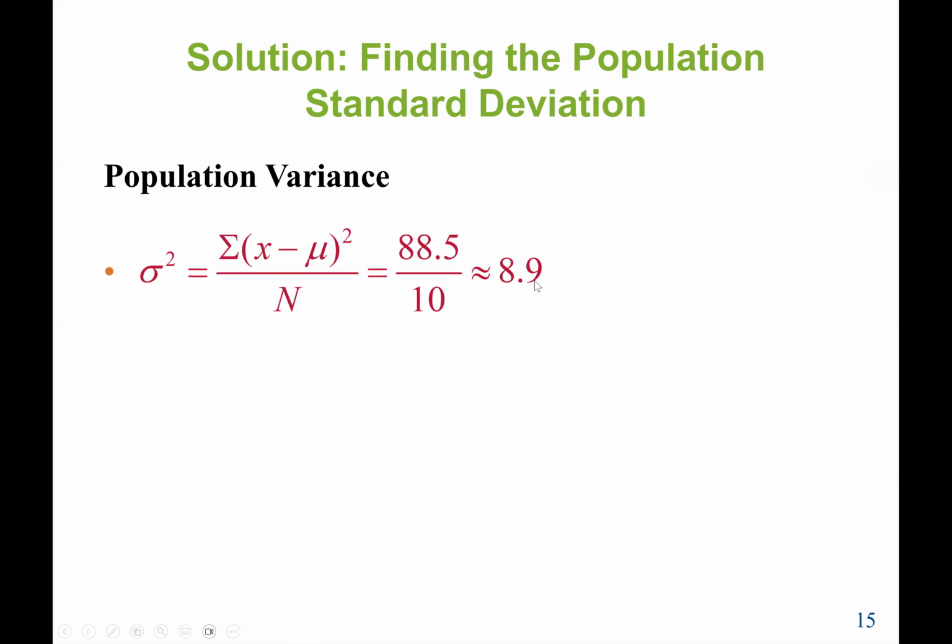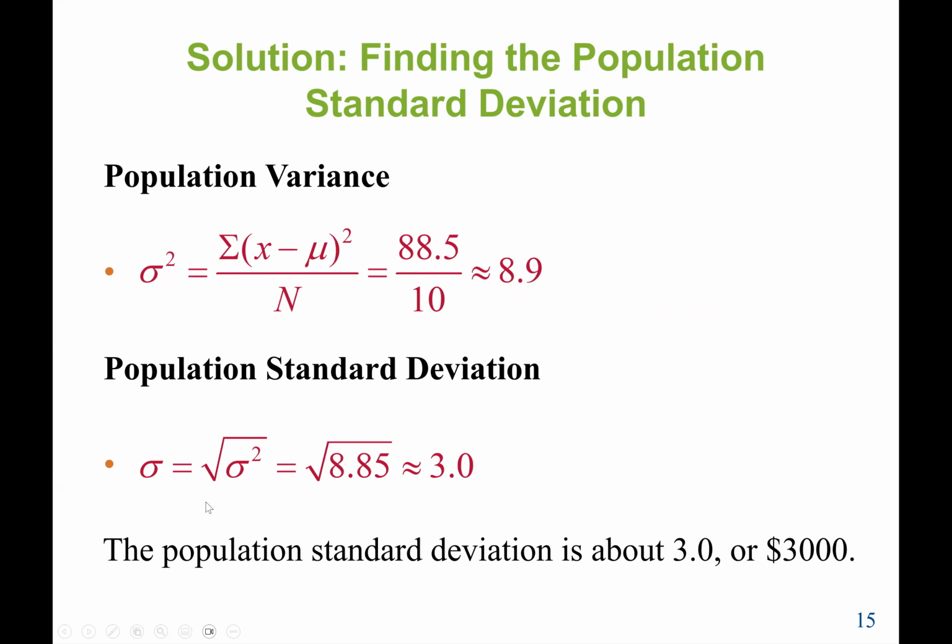So that gives us 8.9. Then to find the standard deviation, we are going to find the square root of the variance. So the standard deviation will give us 3.0, square root of the variance of 8.85. So this means the population standard deviation is about $3,000.